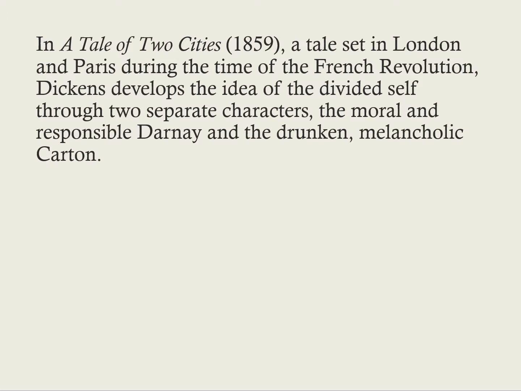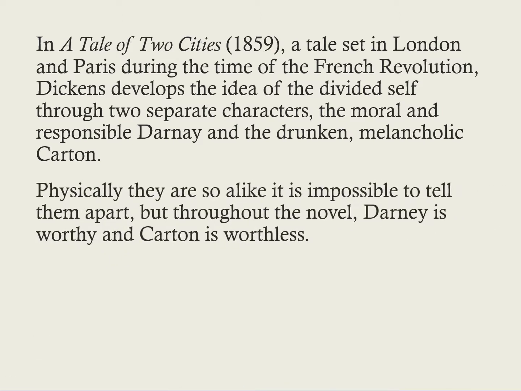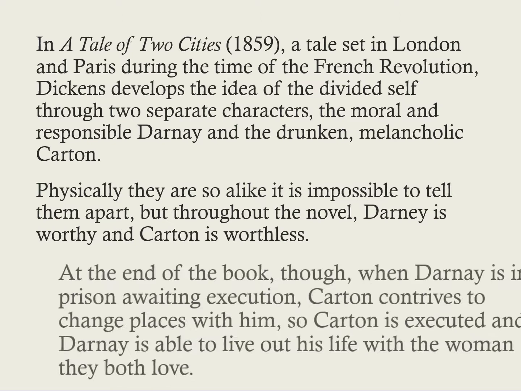And the very good guy ends up in prison. They're going to cut his head off. So throughout the novel, we can't see the difference between them physically. They're so similar, but Darnay is a good man and Carton is a worthless man.